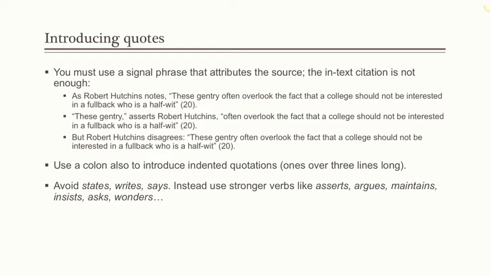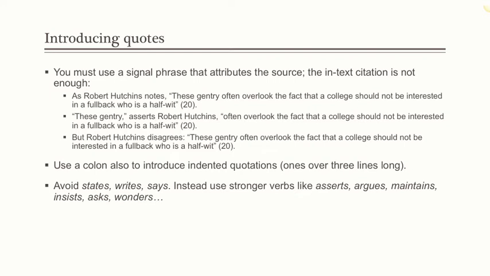Notice that last example has a colon. You can use a colon to introduce indented quotations. So that's ones that are over 3 lines long that are block quotations. The key is that the colon must come after a complete sentence. So, but Robert Hutchins disagrees is actually a complete sentence, a subject and a predicate.